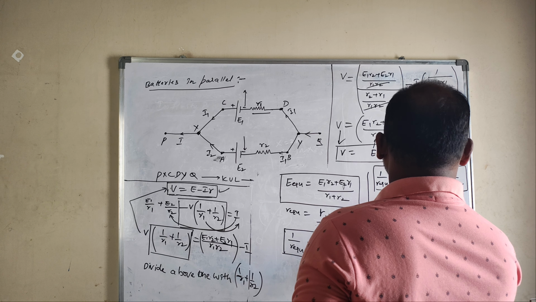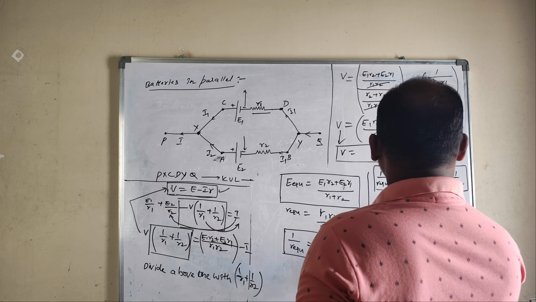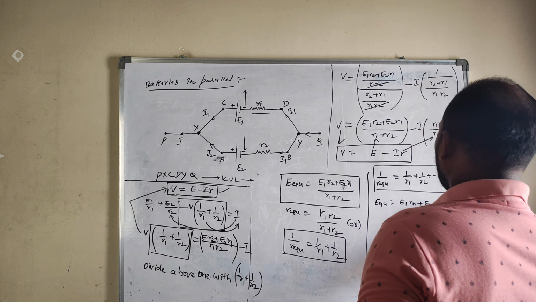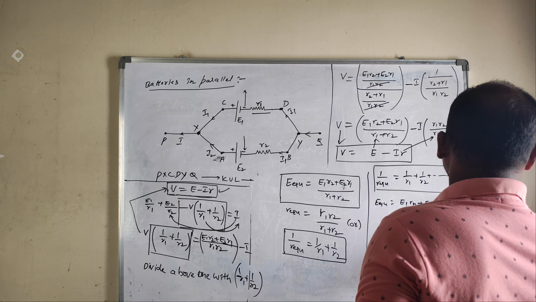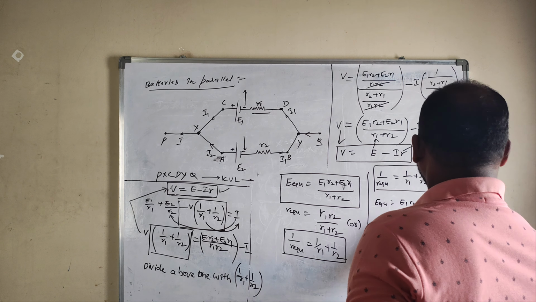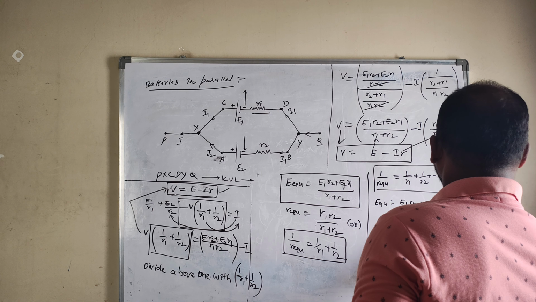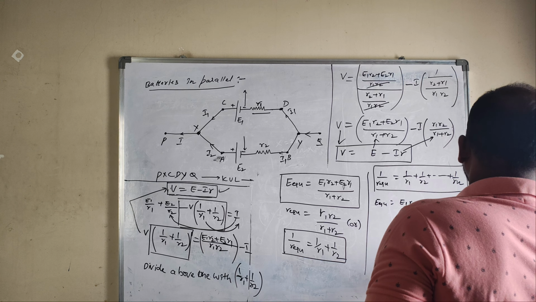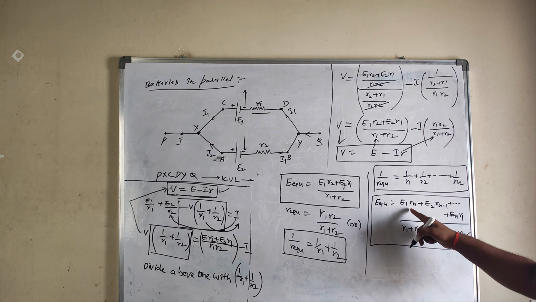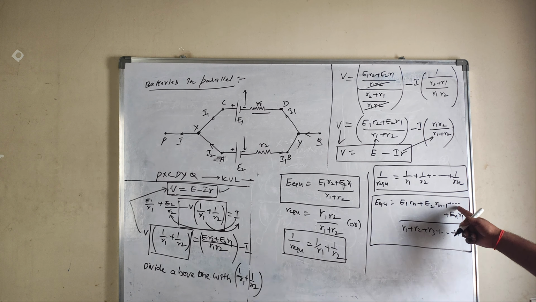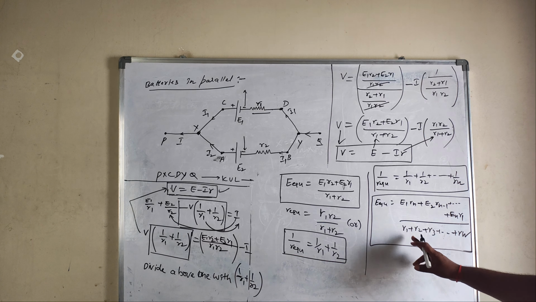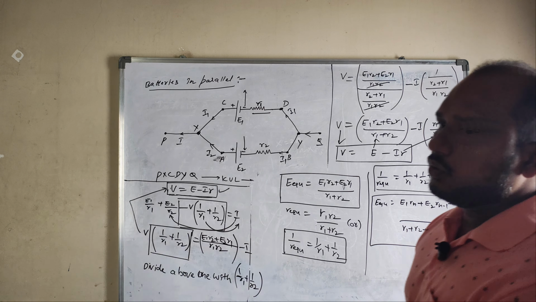E equivalent is equal to (E1 Rn + E2 R(n-1) + E3 R(n-2) and so on plus En R1) / (R1 + R2 + R3 and so on plus Rn). I hope you people have understood.